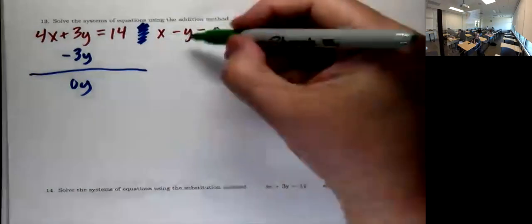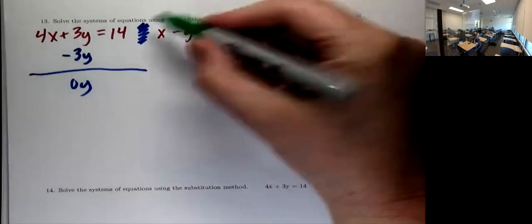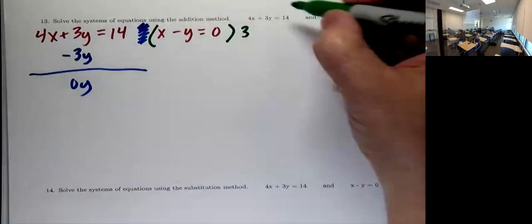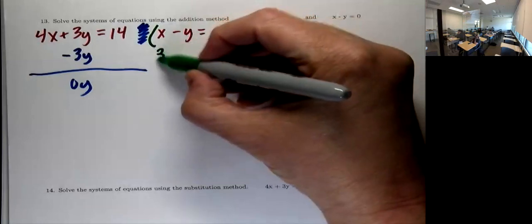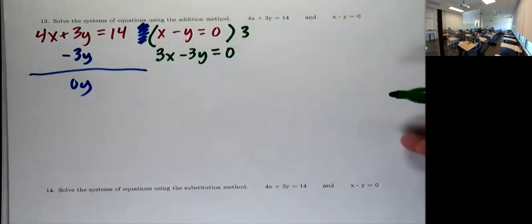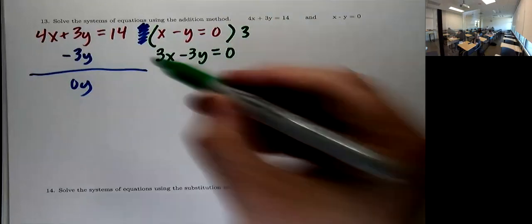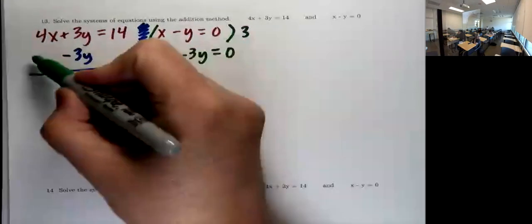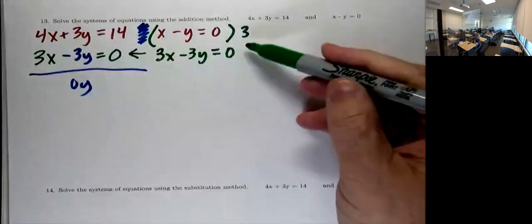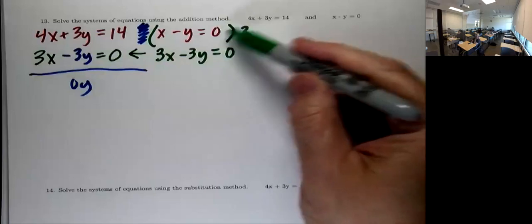So that's going to be my goal. To get this to be negative 3y, I'm going to multiply this by 3. If I do, I get 3 times x minus 3 times y equals 0. And I'm going to put that in over here. I multiply the 3 times 0 also.